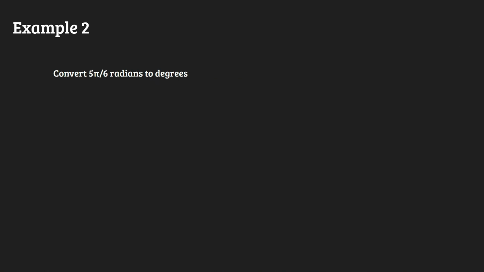So in the second example here, we're going to convert 5 pi over 6 radians to degrees. And I forgot to mention this earlier, but feel free to pause the video at any time to solve any of these problems here. So to start off here, we have 5 pi over 6 radians. And then to convert from radians to degrees, we're going to multiply by 180 degrees over pi radians.